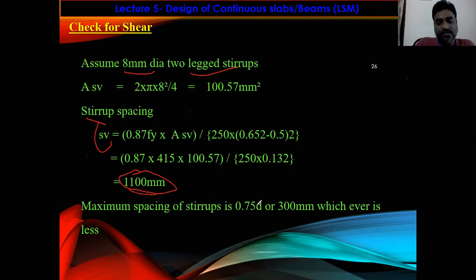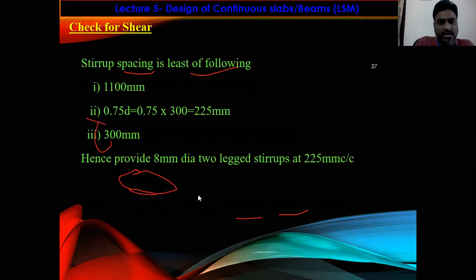But as per IS 456:2000, the maximum spacing between the stirrups should not be greater than 0.75d for vertical stirrups, and 300 mm, whichever is less. So from this maximum spacing, you need to calculate.